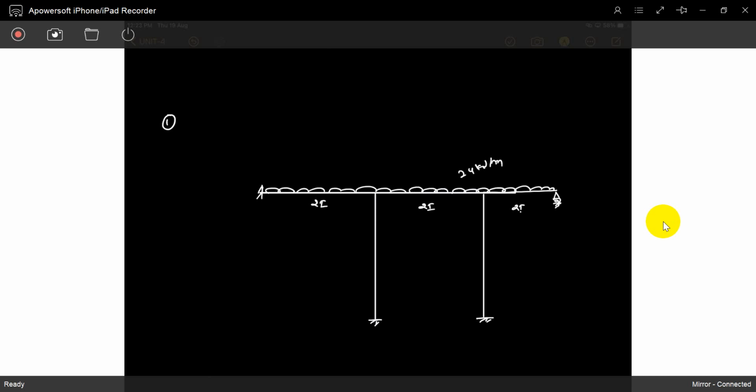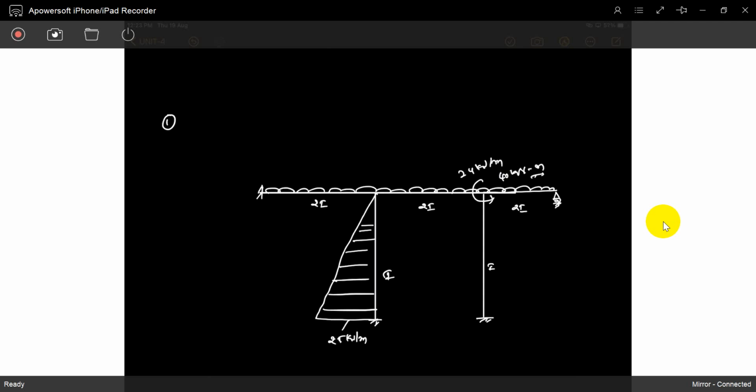Otherwise, the problems we solved in the slope deflection method, you can resolve by the moment distribution method. Okay, it's a 40 kilonewton meter anti-clockwise moment. It has a uniformly varying load, intensity is 25 kilonewton per meter.